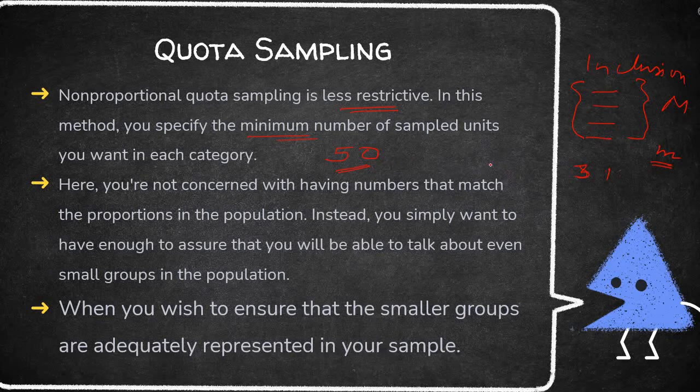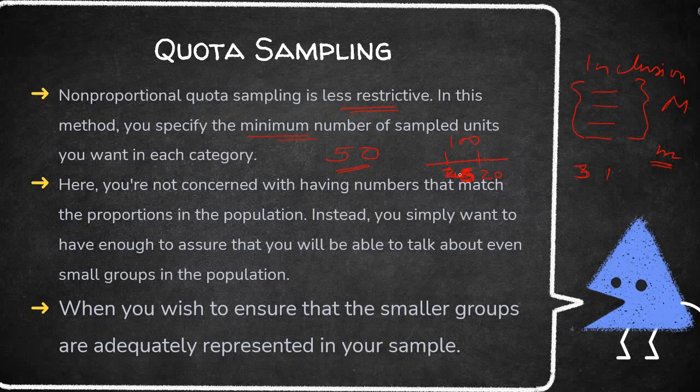So let's say in a sample of 100, there is one majority group and some minority groups, and you fix 25 as the criterion, not less than 25 members.